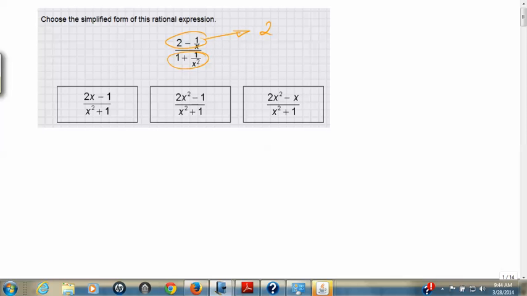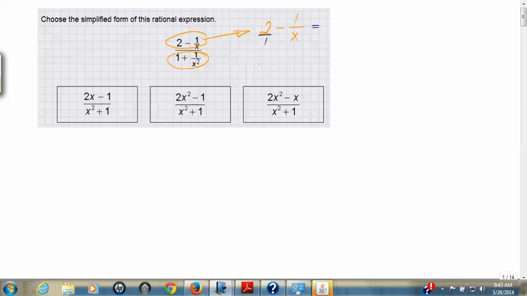I got 2 minus 1 over x, and I will use a different color. In order for me to simplify this expression, I need to find a common denominator for 2 and 1 over x. Now obviously 2 can be written as a fraction, 2 over 1.